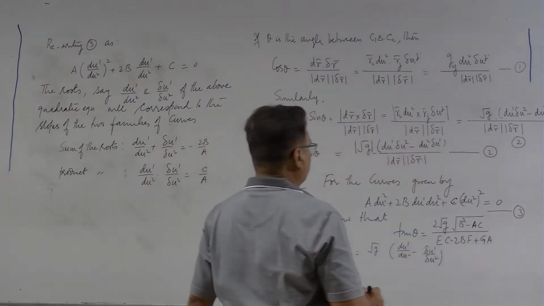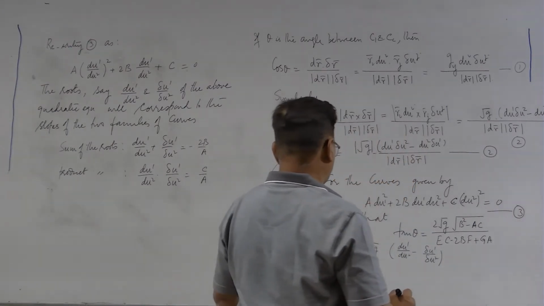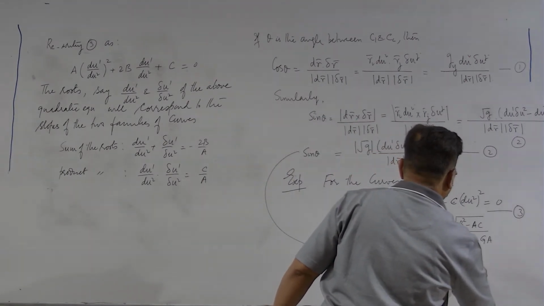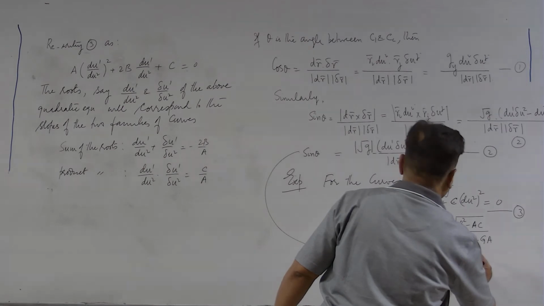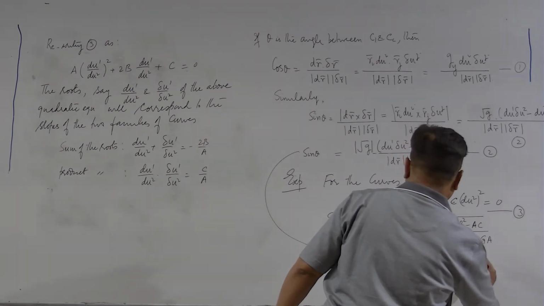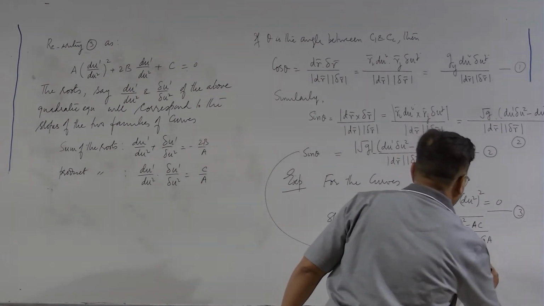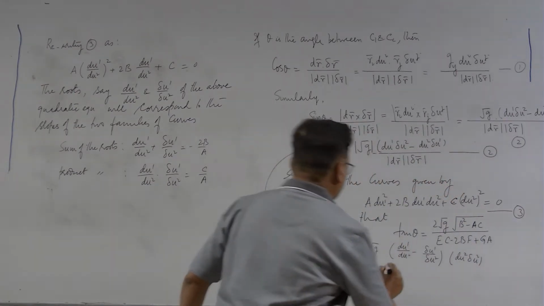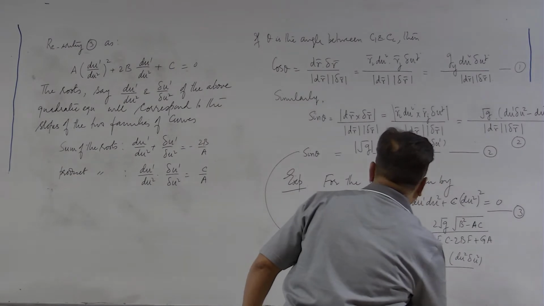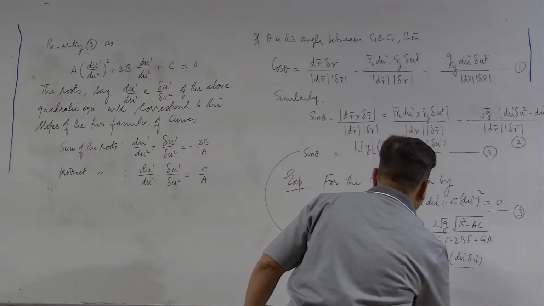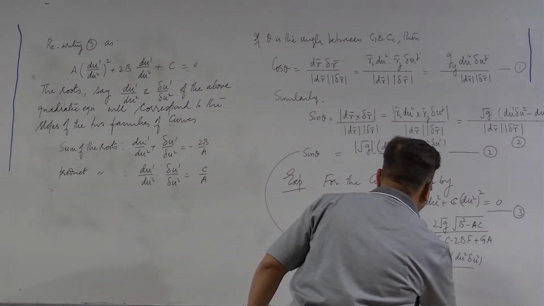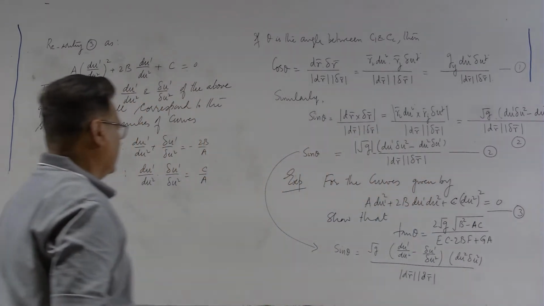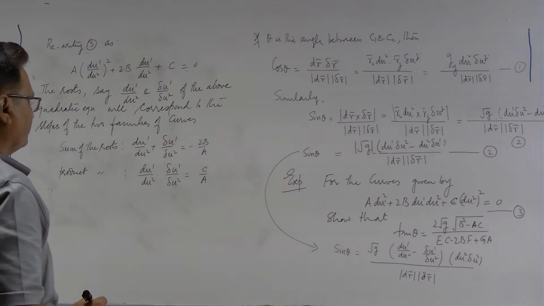When you have divided, you must multiply also, so du2 into delta u2 upon mod dr mod delta r. So, sin theta can also be written like this.